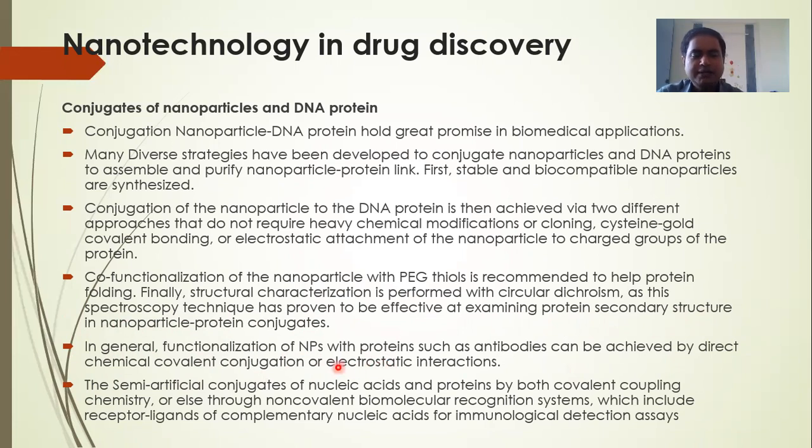The semi-artificial conjugate of nucleic acid and protein can be made by covalent coupling chemistry or through a non-covalent biomolecular recognition system, which includes the receptor ligand of complementary nucleic acid for immunological detection assay.